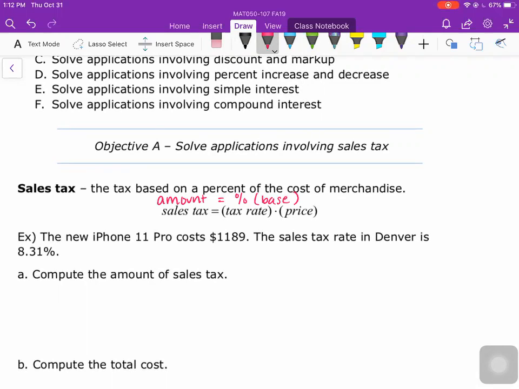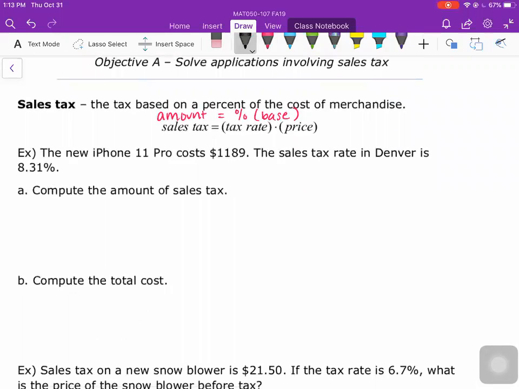The tax rate is going to be a percentage and the price is the base. So this is exactly that percent equation that we set up last class. But now we're calling the amount and the base something very specific. Okay? We're calling it sales tax, we're calling it price.